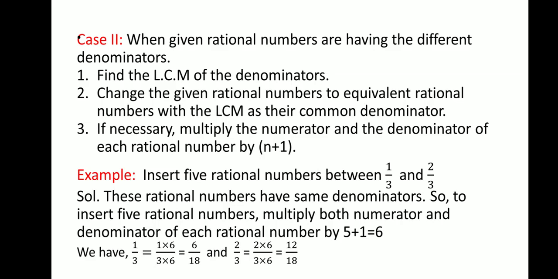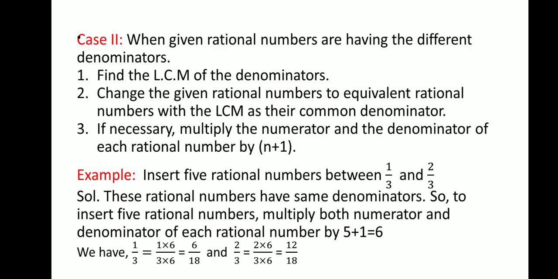So I am repeating it. If I need to find 5 rational numbers between 1 by 3 and 2 by 3, in this case the denominators are the same, so we need to multiply the numerator and denominator of both rational numbers by 5 plus 1, that is equal to 6.